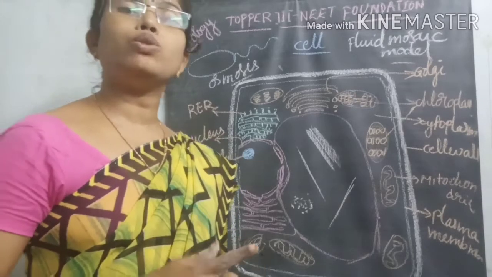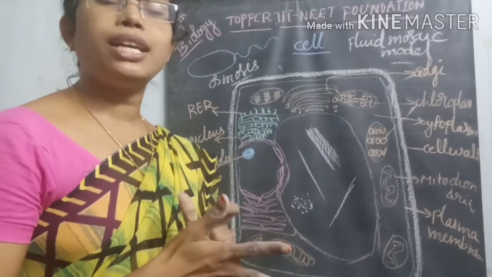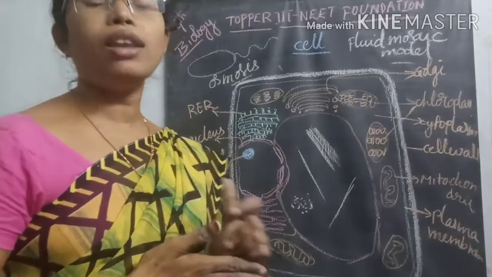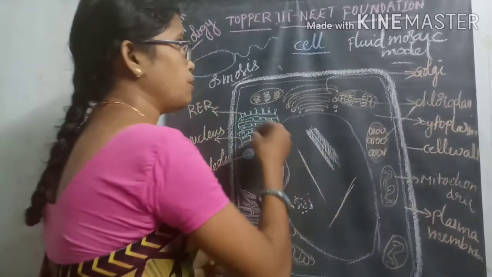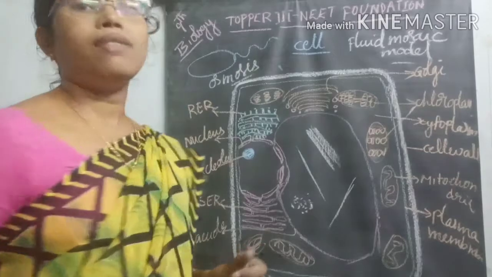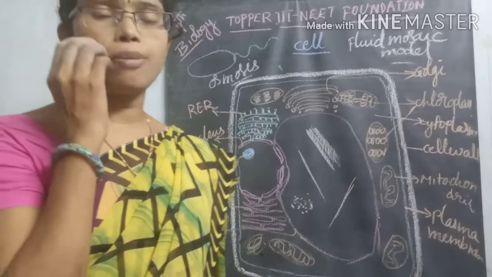There are mainly two types of junctions: tightly packed materials inside the secondary cell wall are called tight junctions, and where loose gaps are present between them, they are called gap junctions.